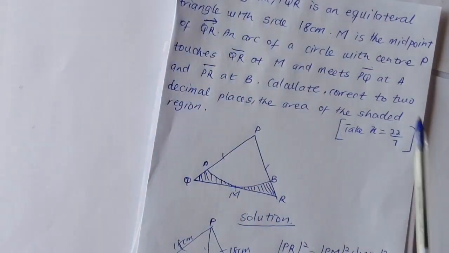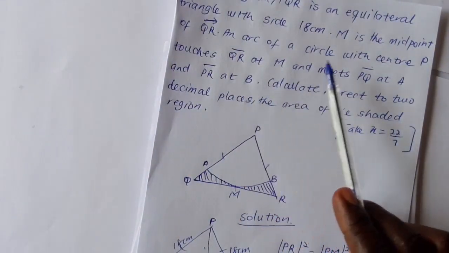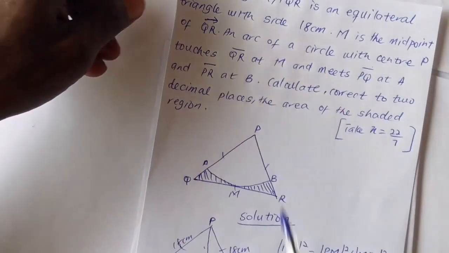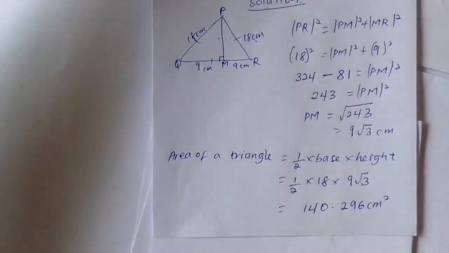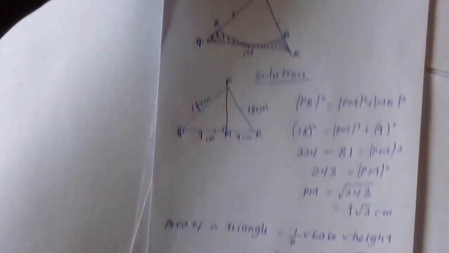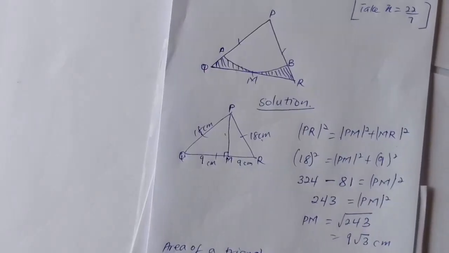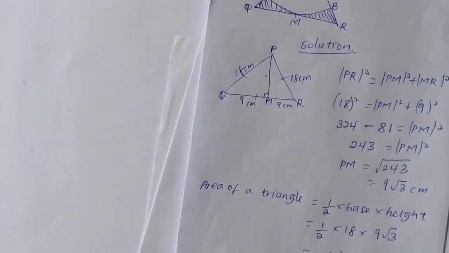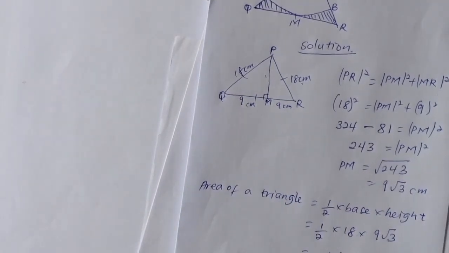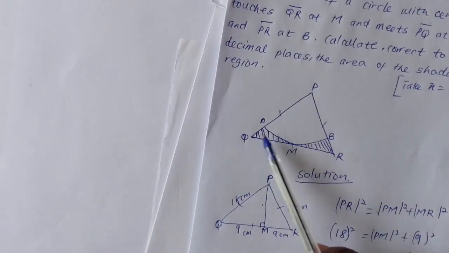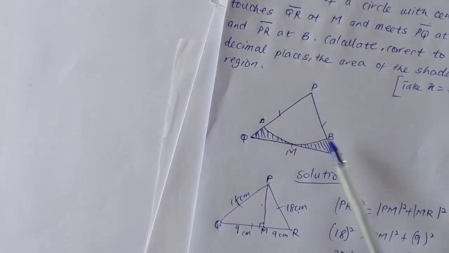Now let's focus on the sector. The question said, an arc of a circle with center P touches QR. So let's come to the arc here. With this area of a triangle, let's move on to find the area of sector PAB.